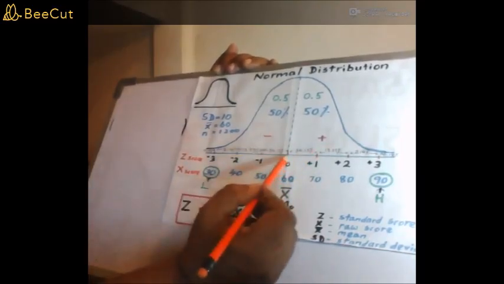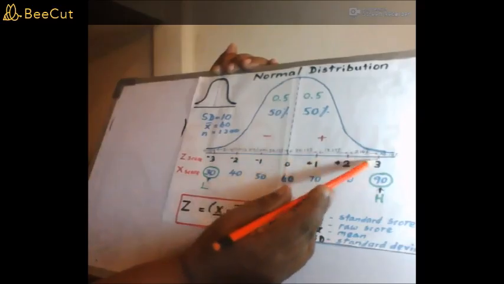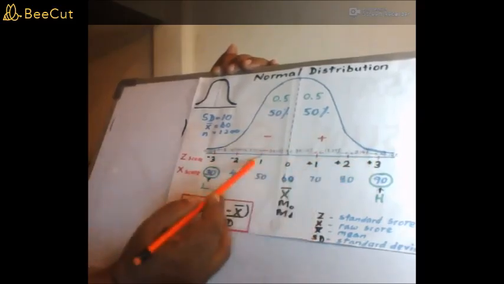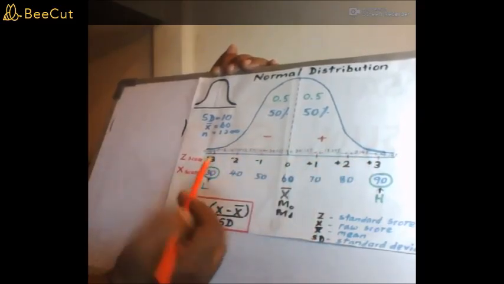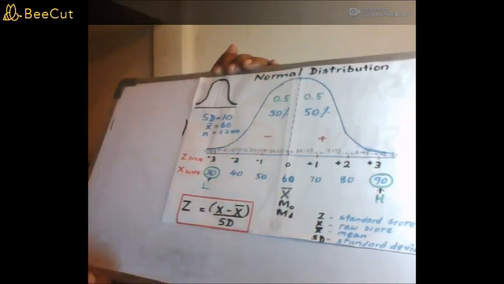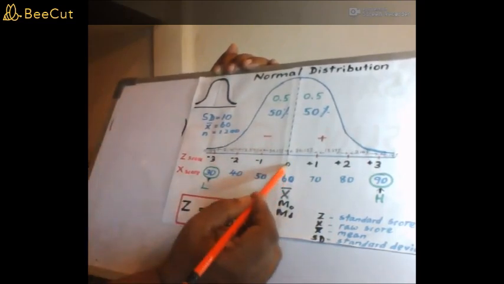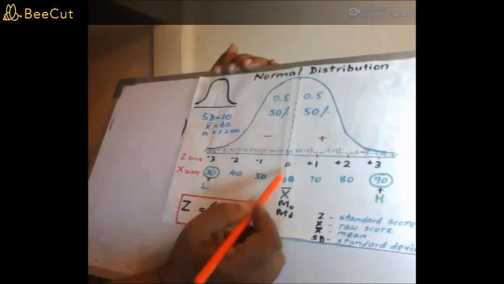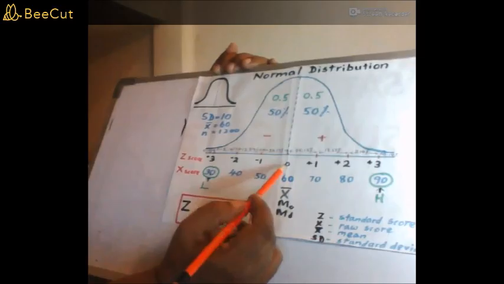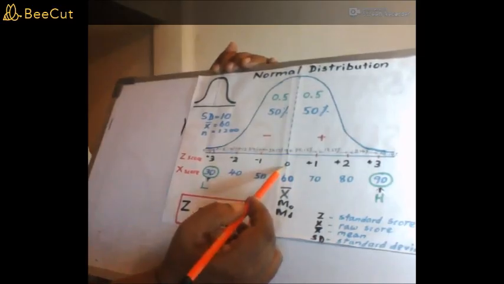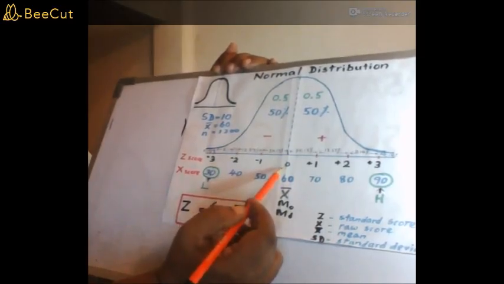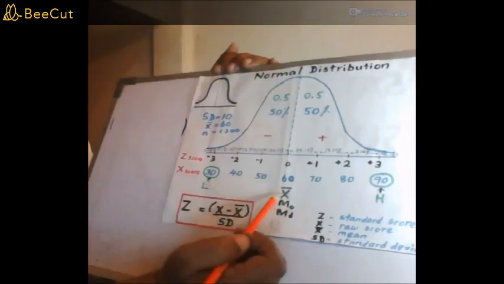Fourth one, there are 3 standard deviations above the mean and 3 standard deviations below the mean. So remember this: the average. If you get the average, then your z score is 0. When your z score is 0, that doesn't mean you scored 0 marks.